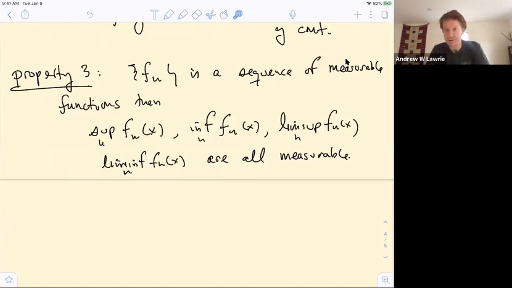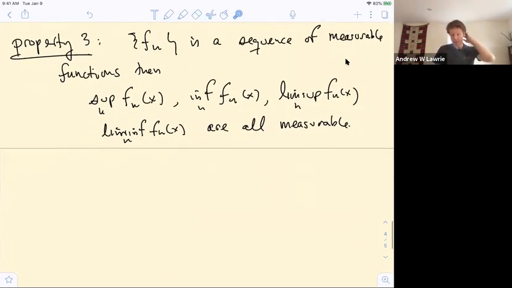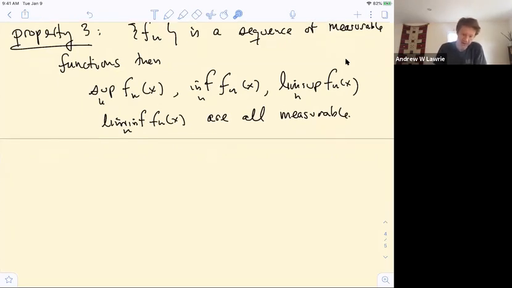So measurability is nicely preserved under these operations. So we're getting quite a general class of functions here. And note that continuity is certainly not preserved under operations like this, right? So measurability is a much weaker condition than continuity.